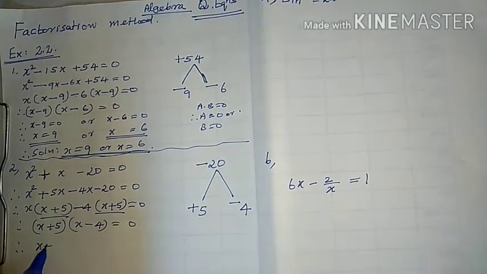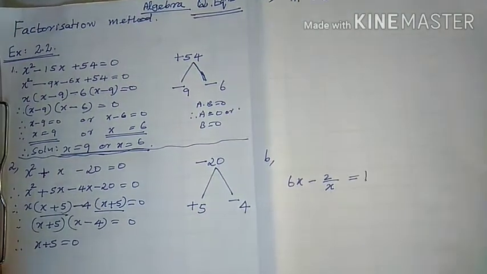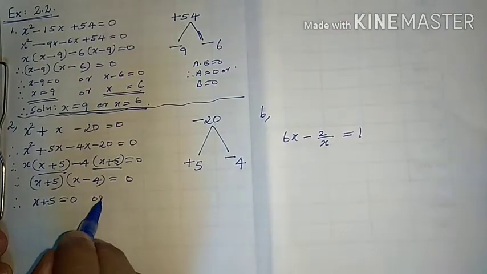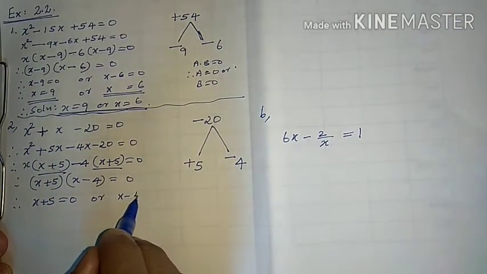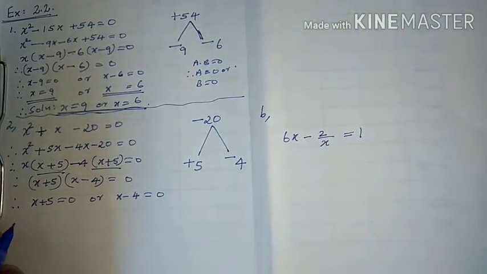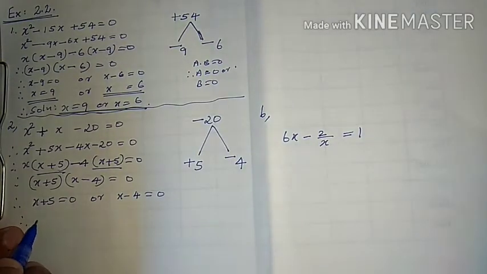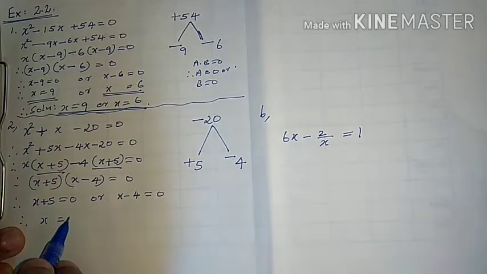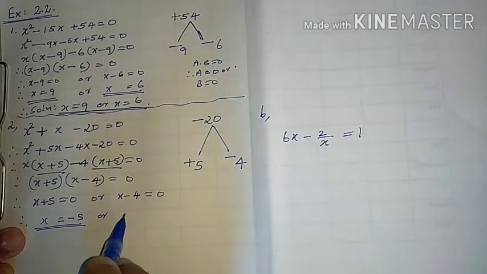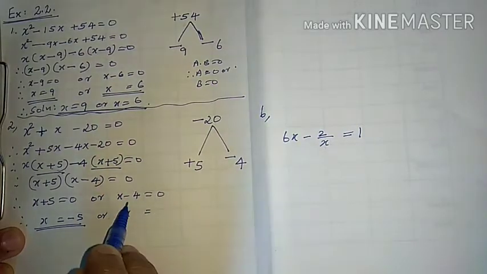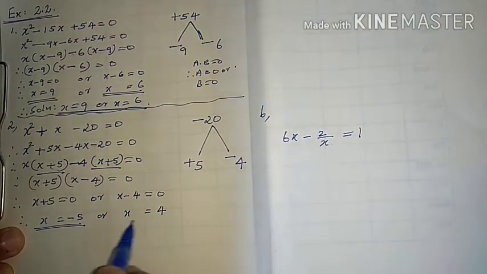Here first factor x plus 5 may be 0 or the second factor x minus 4 equal to 0. If first factor is 0, x is equal to plus 5 goes to the other side of the equation minus 5. Here x is equal to plus minus 4 goes that side as plus 4.